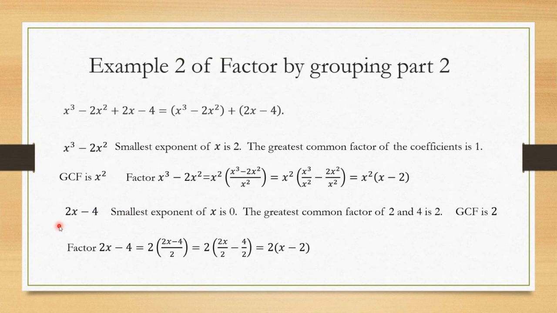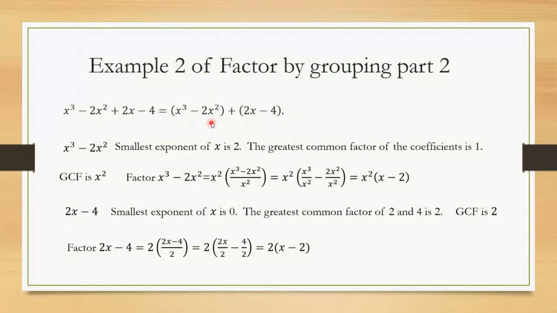The factors of 2 would be 1 and 2. The factors of 4 are 1, 2, and 4. But 2 would be the greatest common factor of the coefficients and the constant term. So for this, the GCF would be 2. Factor it out. We divide to see what's left over. Like so. We divide into each term. We get 2 times x minus 2. And that's what we get.